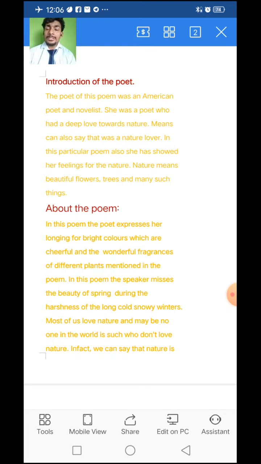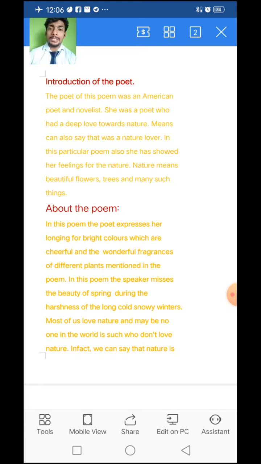Now, coming to the recapitulation of the poem, we studied that in this poem, the poet expresses her longing for bright colors which are cheerful and the wonderful fragrances of different plants mentioned in the poem. Once again, I'll try to recapitulate each and every line one by one.